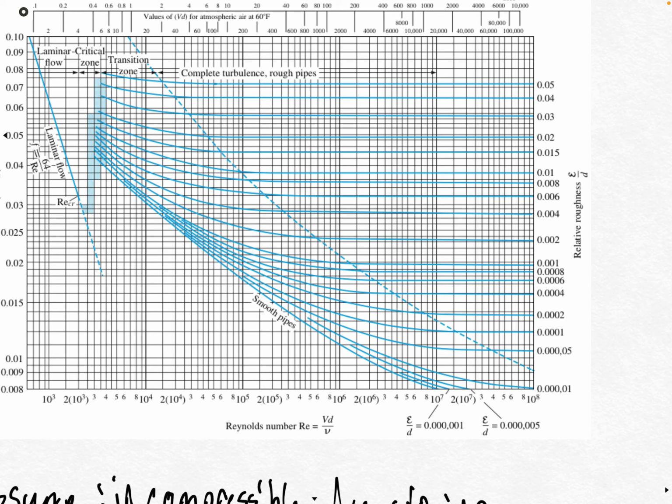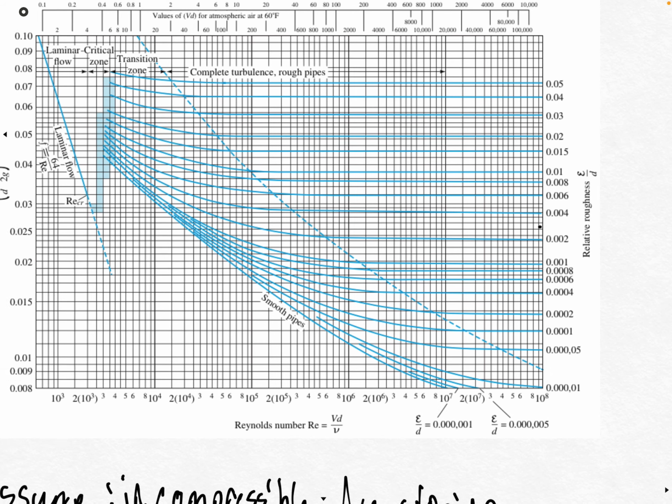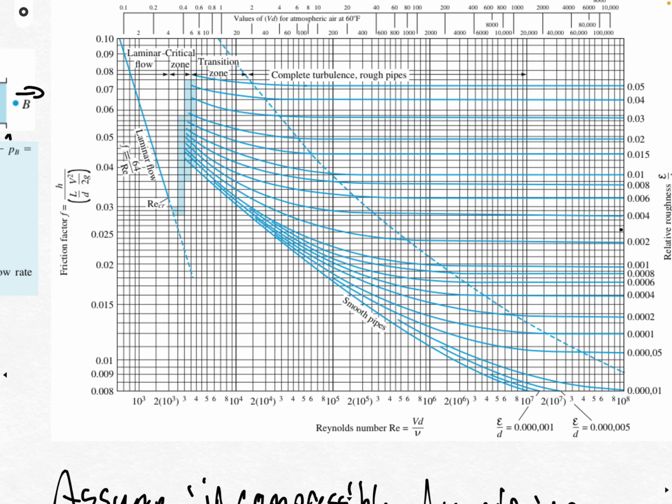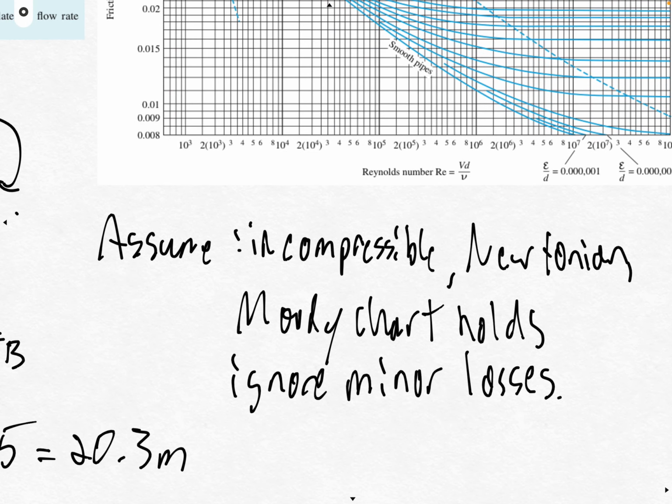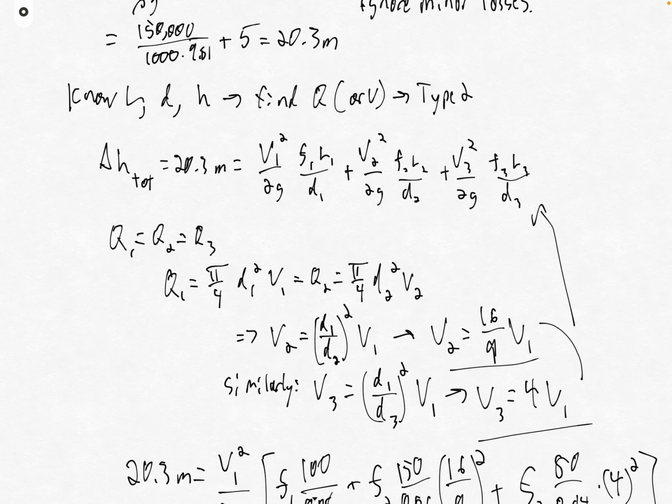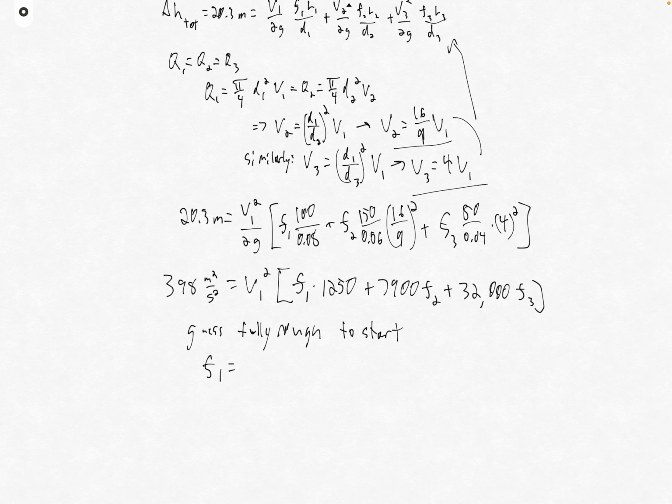That's going to be right here between 0.02 and 0.04, something like that. If we trace that over, we're going to get a value of about 0.026. Okay, so we're going to initially guess f1 is 0.026.